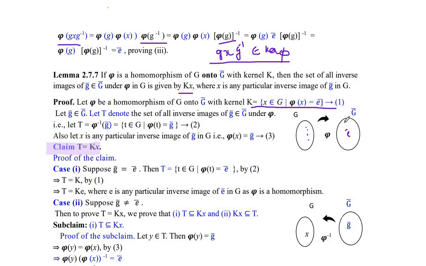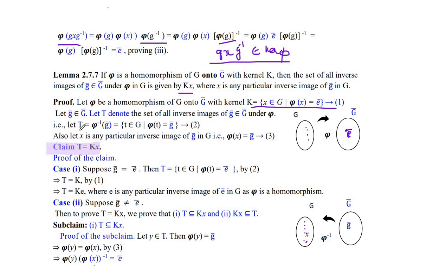And we'll consider some G bar. E bar is there, that is the identity element. Now we shall consider G bar in G bar. We shall denote the set T to be the set of all inverse images of G bar in G bar under phi. So phi inverse of G bar will be all those elements in G for which the image of those elements is G bar.